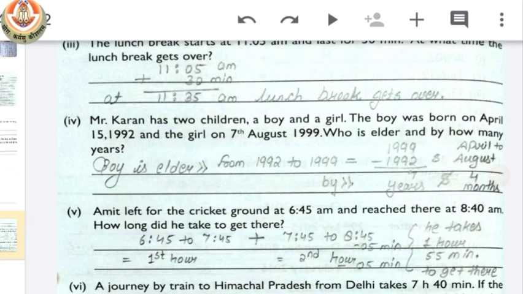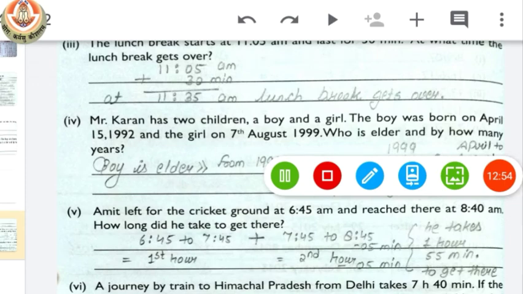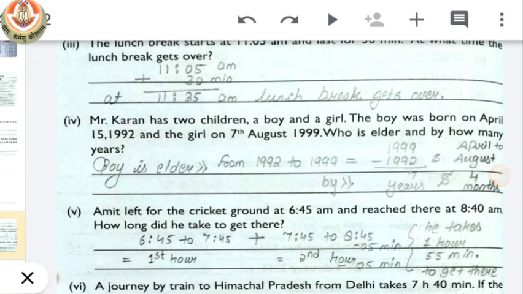Now the next part is: Mr. Karan has 2 children, a boy and a girl. The boy was born on April 15, 1992 and the girl on 7th of August 1999. First we have to answer who is elder and by how many years.